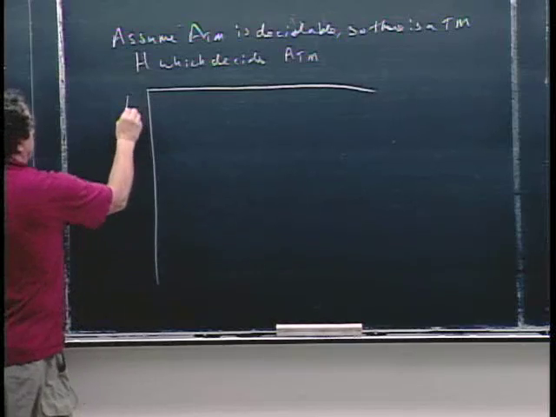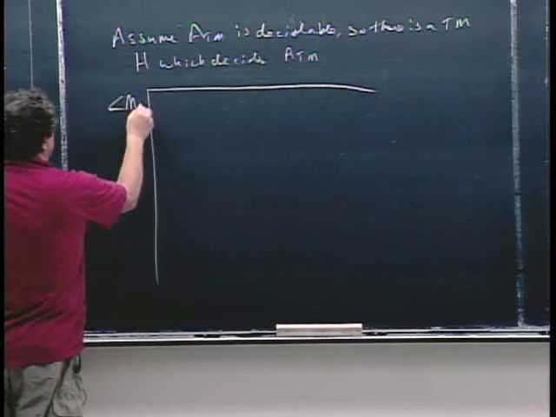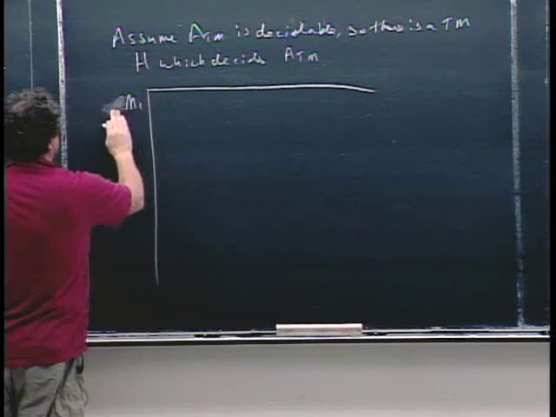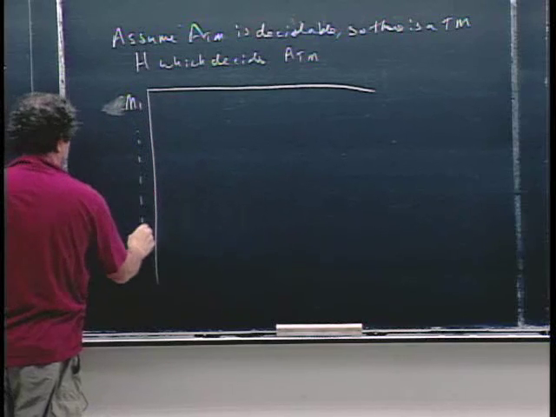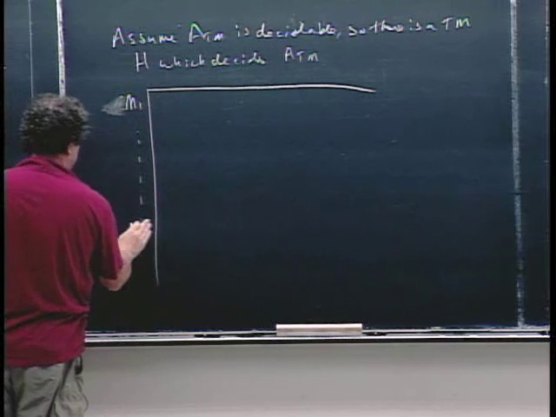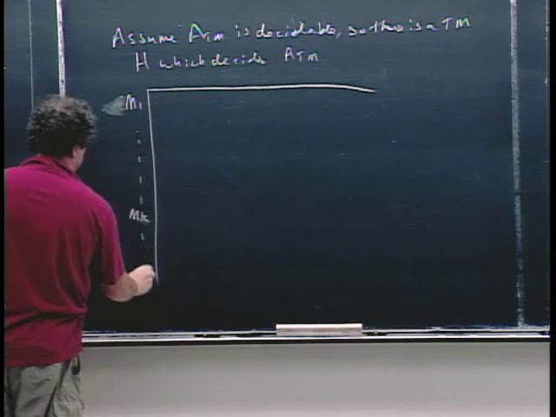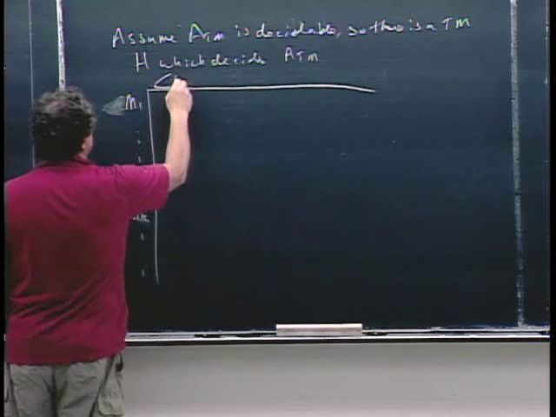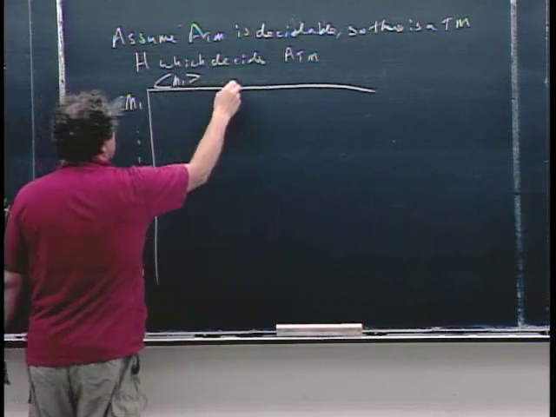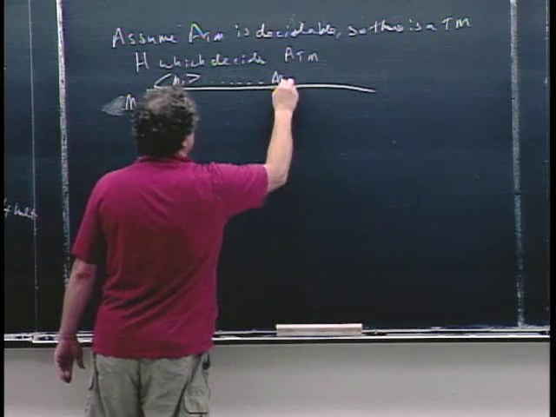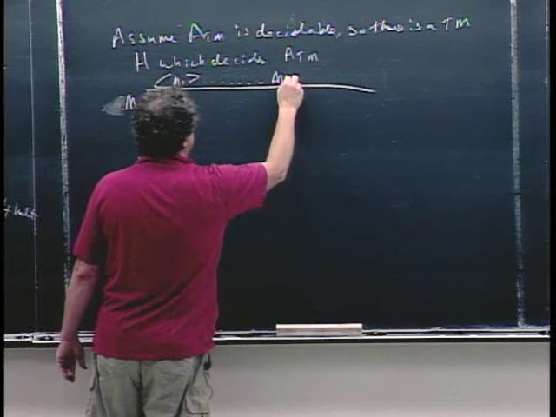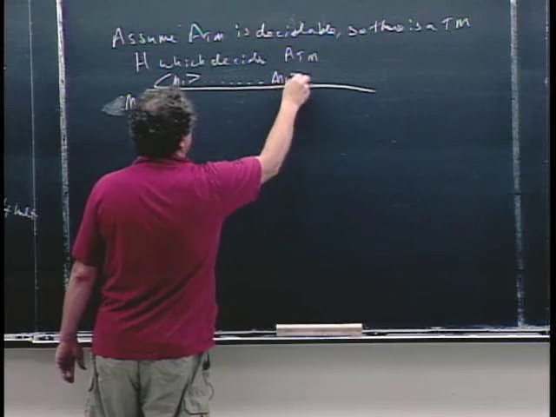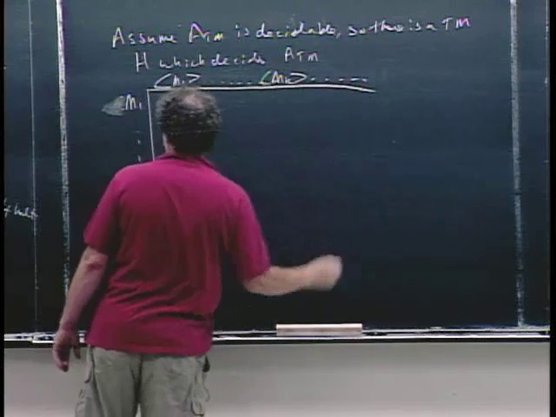Its input I'm going to describe this way. It's given M1 as the first component, and it's given the description of M1, etc., MK as the second component.